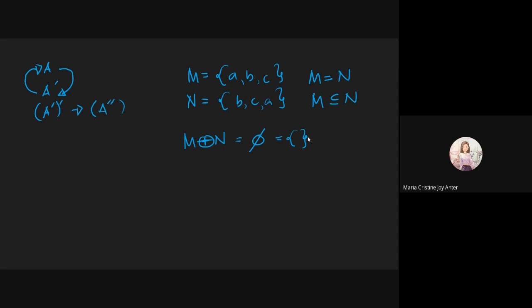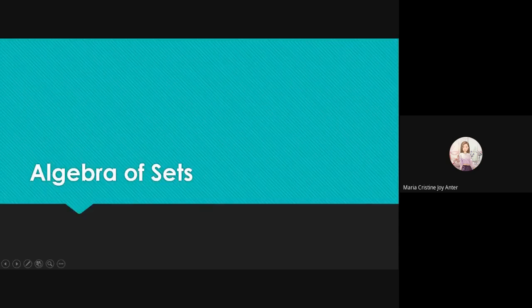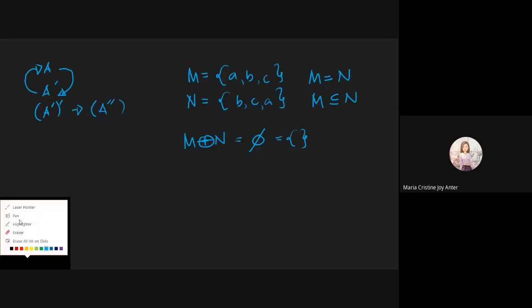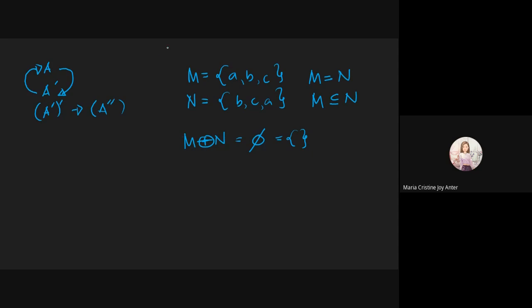Okay. So say for example, naa kay universal set. So dungagan nato ni siya. We have here the universal set. Example lang niya, universal set A, B, C, D, E. Kung katungin nyo ang example or pangutana, M complement and then union N. So una kung unsa imong M complement.